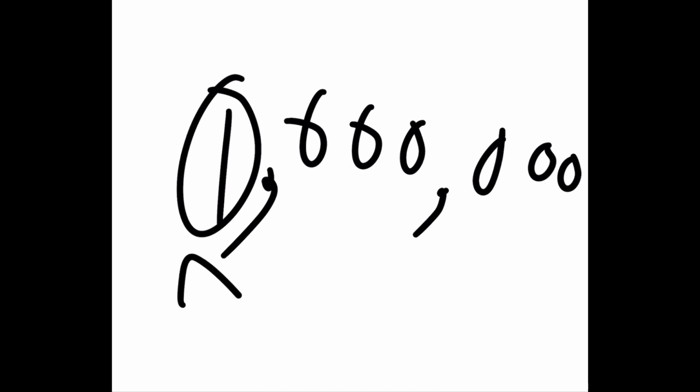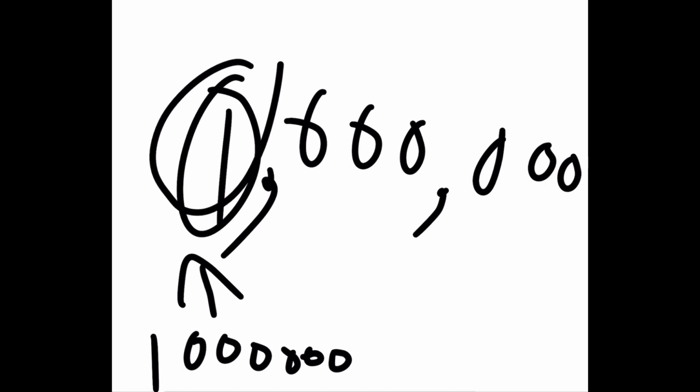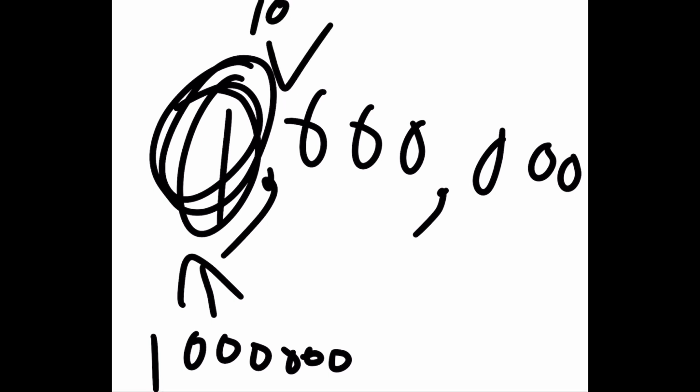I call this the million digit. That's 1 after 6 zeros or 2 commas. You see, there are 6 zeros and also 2 commas. So that's 1 after 2 commas. We call it the million digit. So we read 1 first, and then we add million to it. So we read 1 million.